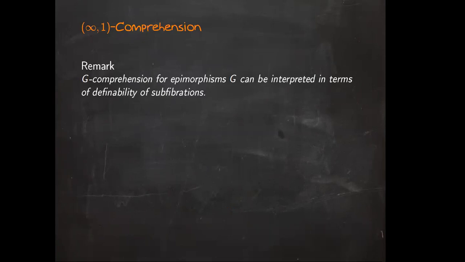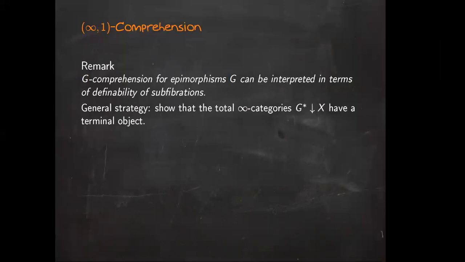So every G comprehension for every functor G can be interpreted as a combination of those two. But in fact, all examples we consider today are monos, and only one or two are epis, but none of them are neither. So the general strategy to prove a comprehension scheme will be to show that these total infinity categories have a terminal object, right?